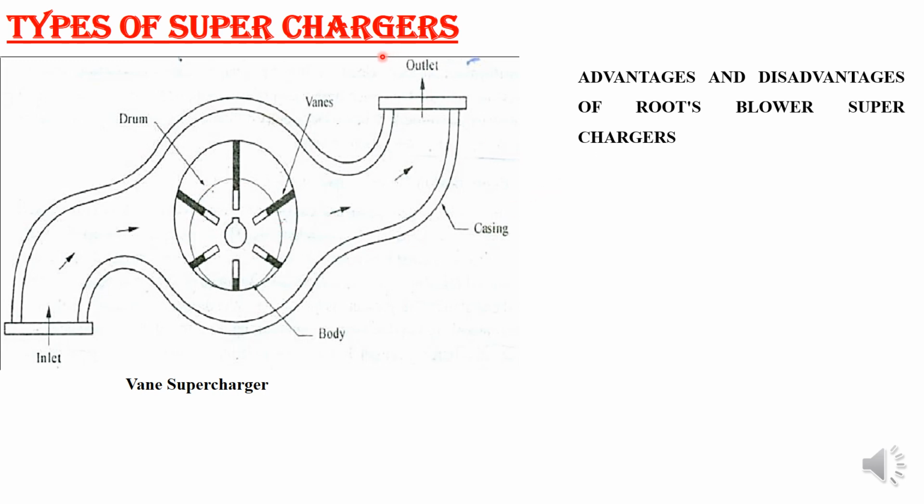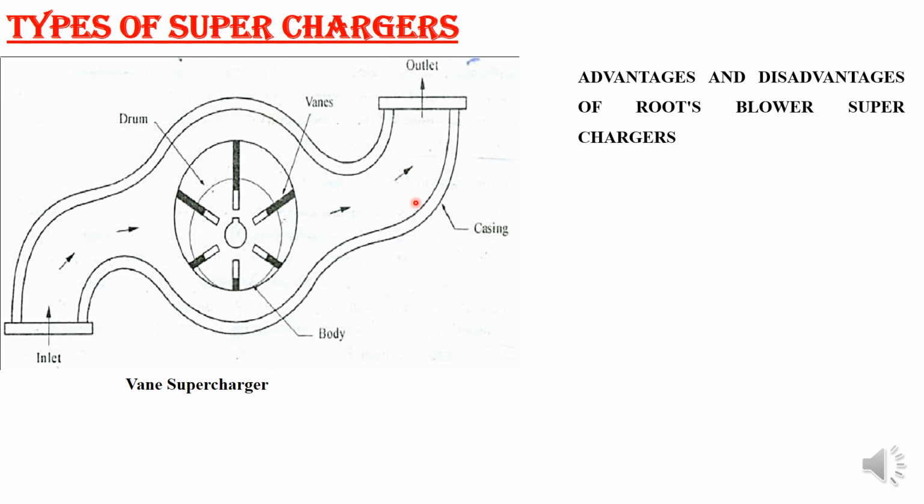Whenever the blade moves out, air is induced into the space between the blades, which is increasing. Air is discharged when the space decreases near the exhaust side. So whenever air goes this side, the space will be reduced, as the compression takes place.